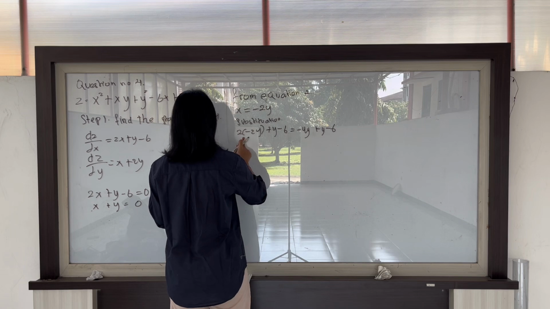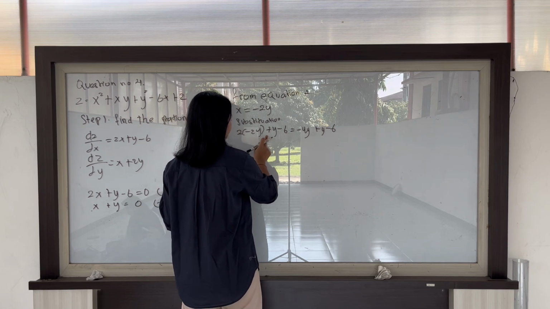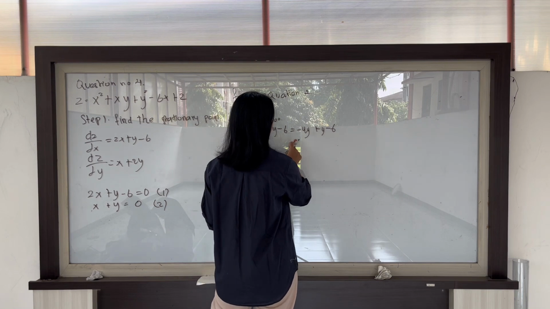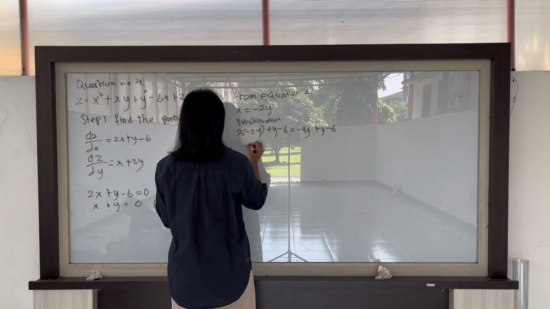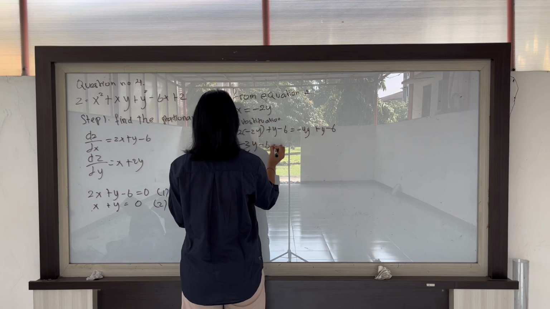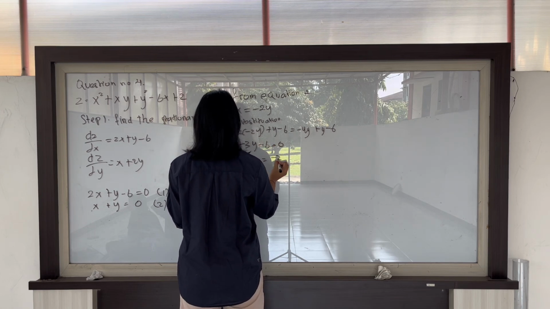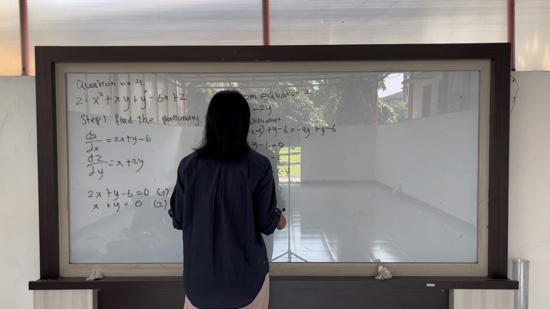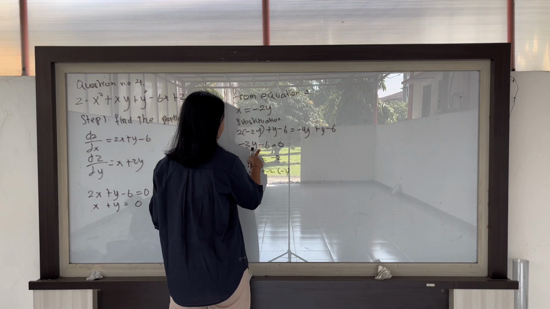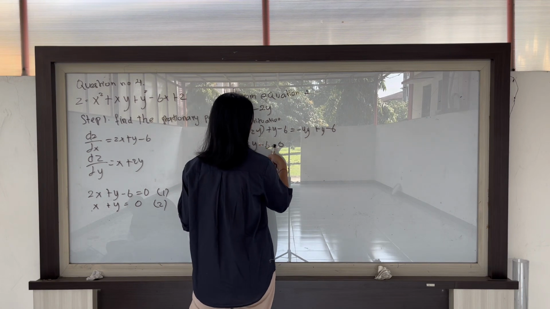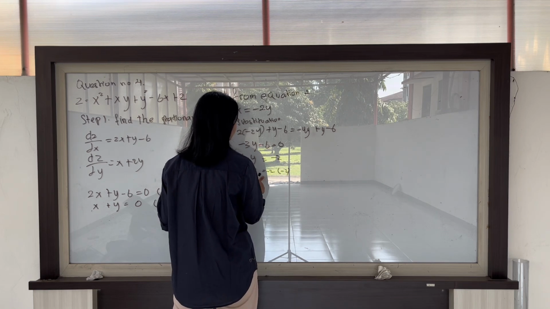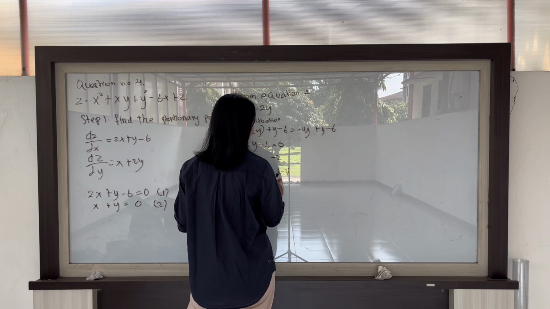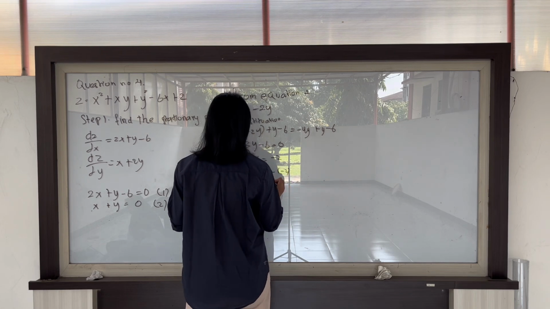2 times negative 2y plus y minus 6 equals minus 4y plus y minus 6, and then minus 3y minus 6 equals 0, and y equals minus 2, and x equals minus 2 times negative 2, which is 4.